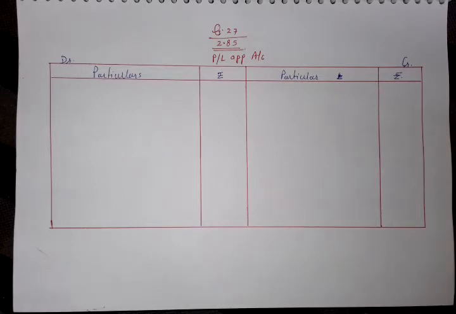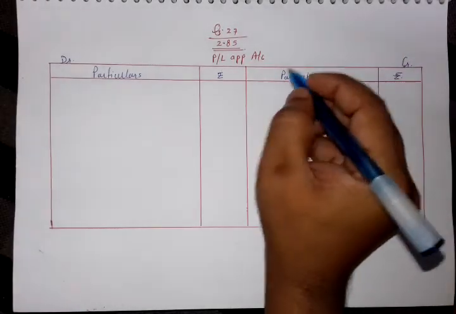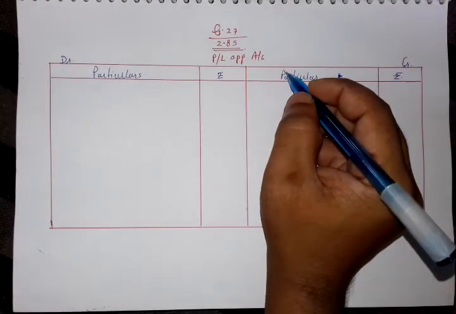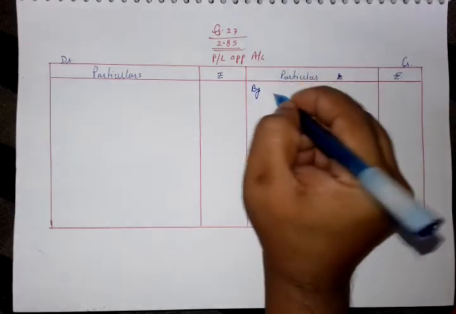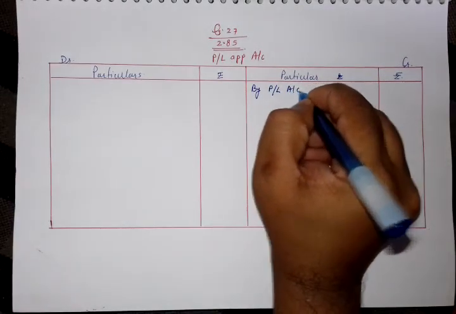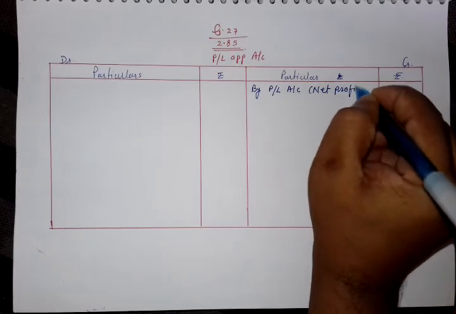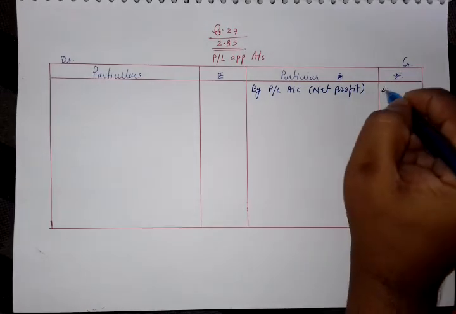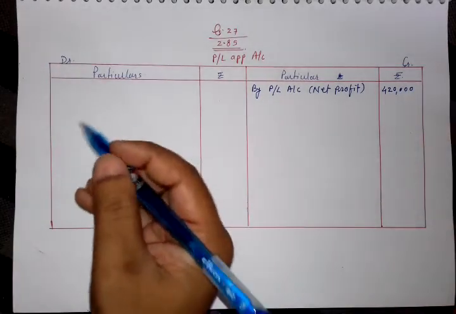So, distribution of profit. What we have, firstly we are having a profit and loss account, net profit. So here I am writing P&L account net profit 4,20,000 rupees. Okay, that is clear.